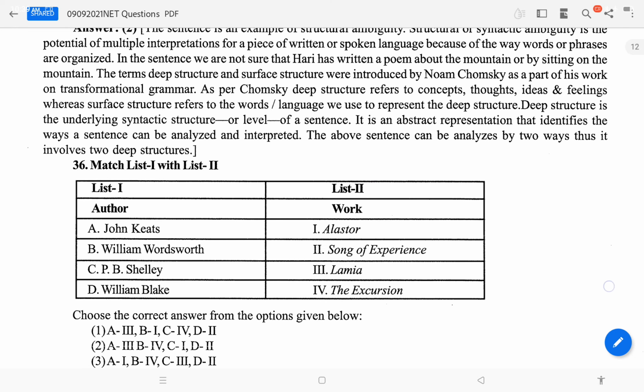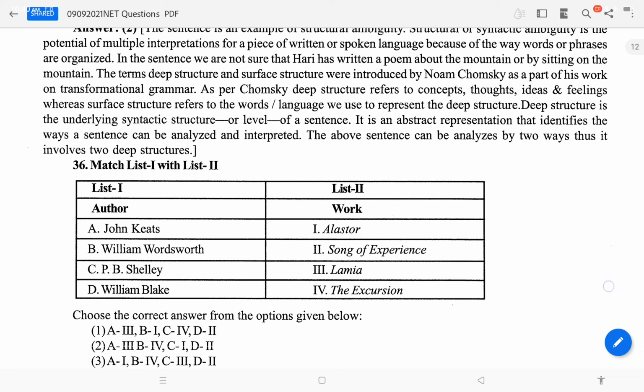The terms deep structure and surface structure were introduced by Noam Chomsky as a part of his work on Transformational Grammar. As per Chomsky, deep structure refers to concepts, thoughts, ideas, and feelings, whereas surface structure refers to the words and language we use to represent the deep structure.